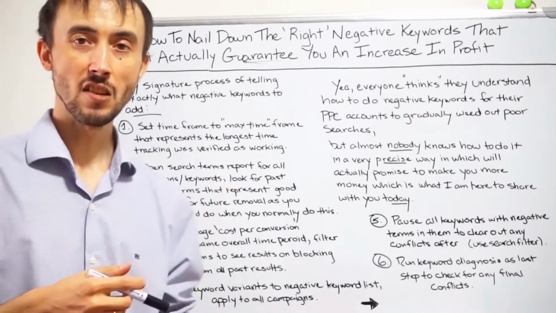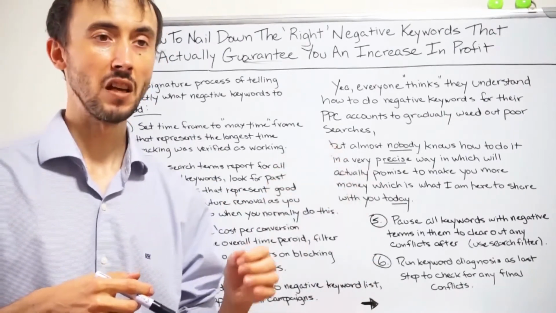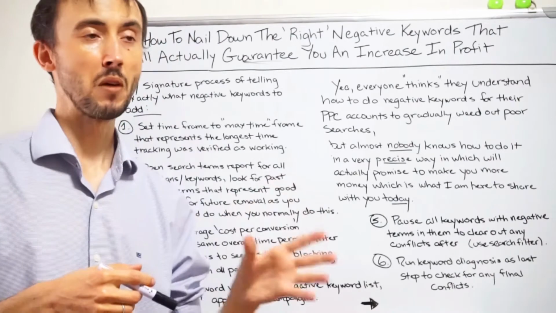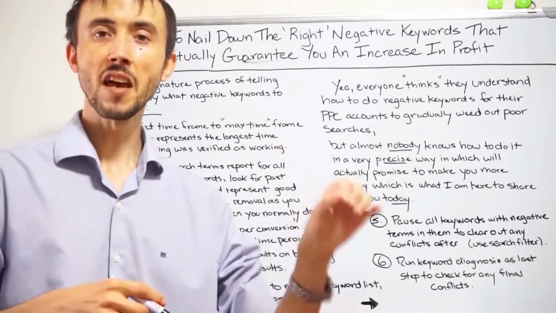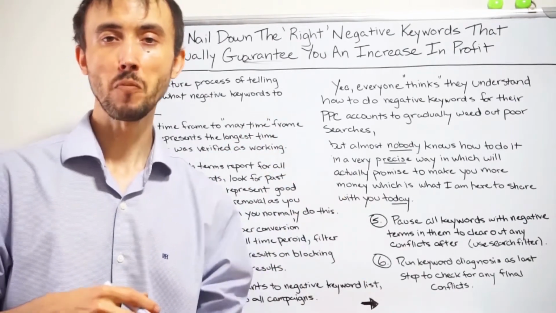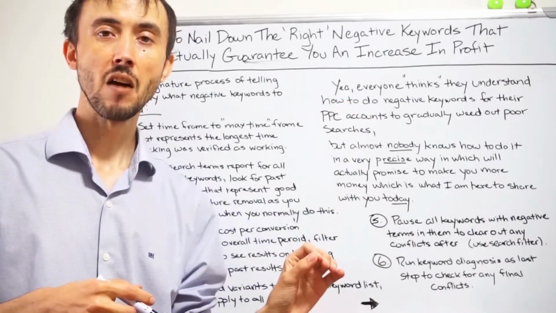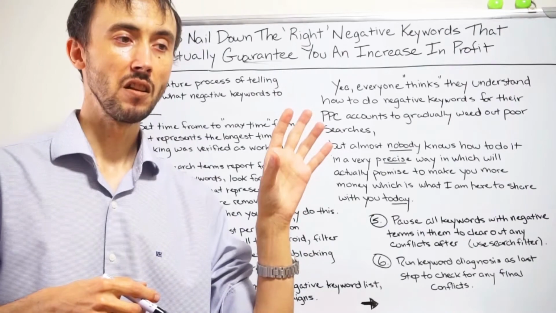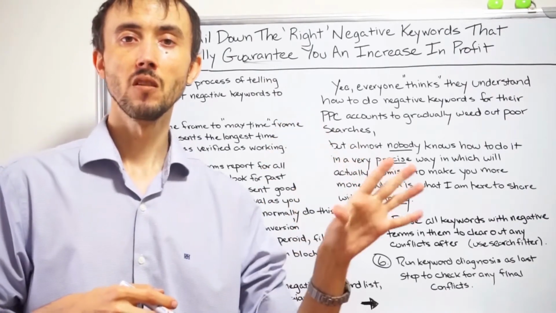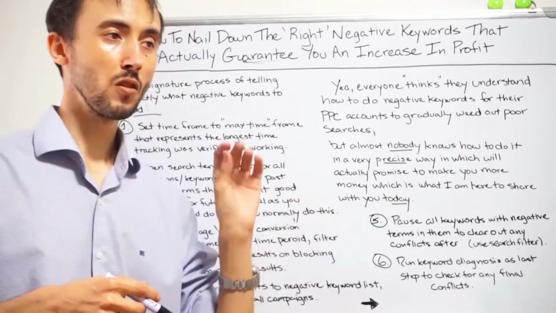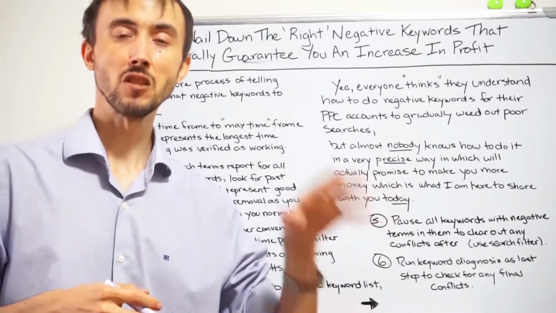So when you make a change, it doesn't matter what it is, negative keywords being a big one in general, make sure the negative keyword that you're going to add is actually going to help your results. Otherwise, your results are going to go down for a little bit just because you made the change.